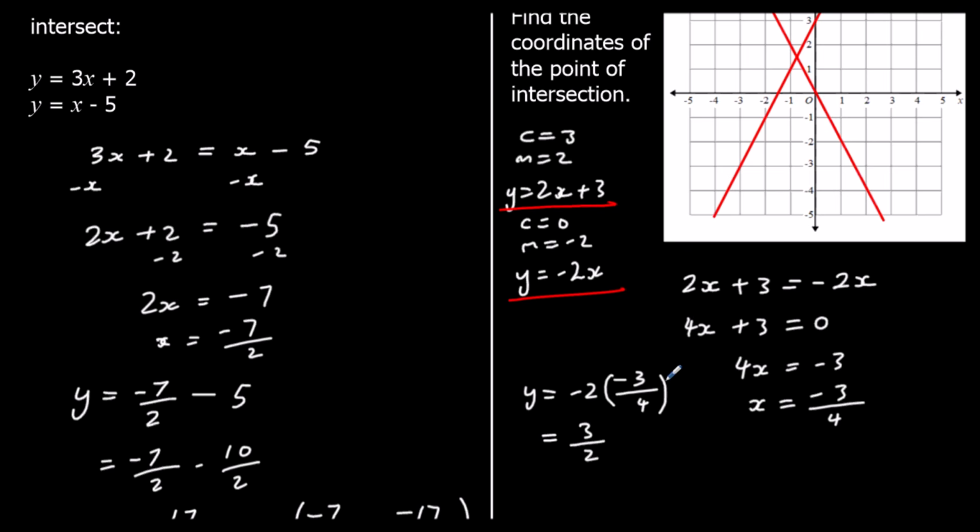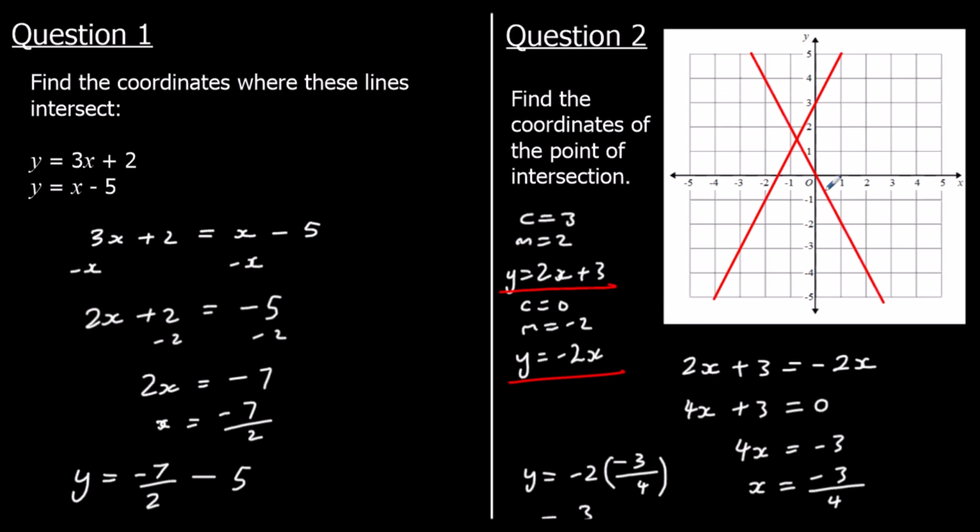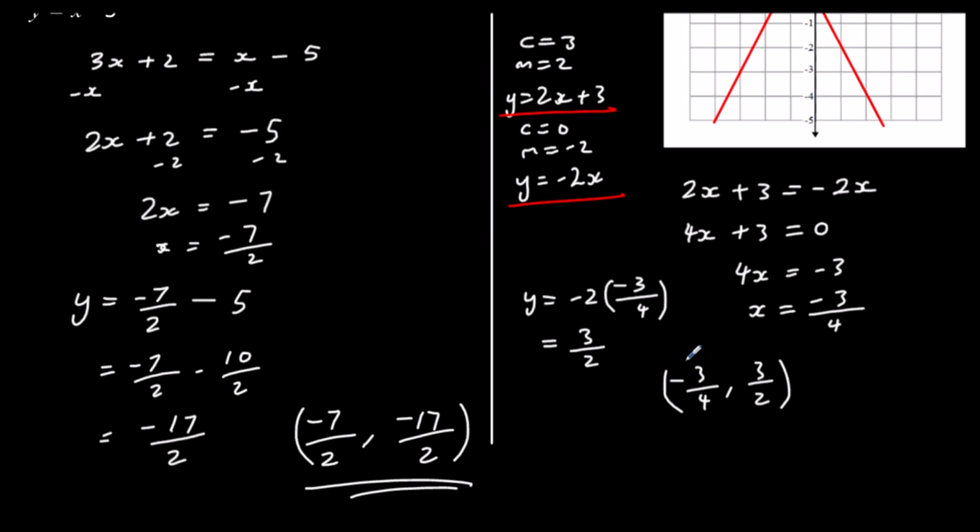It's like 2 times 0.75, which is 1.5. So we've got negative 3/4, 3 over 2. And we can have a look at the graph to see if that makes sense. Negative 3/4, 1.5. That looks about right on the graph. So that's our answer.